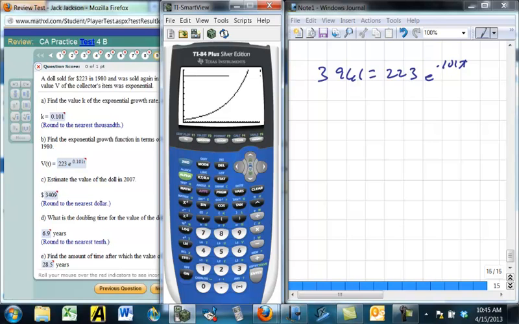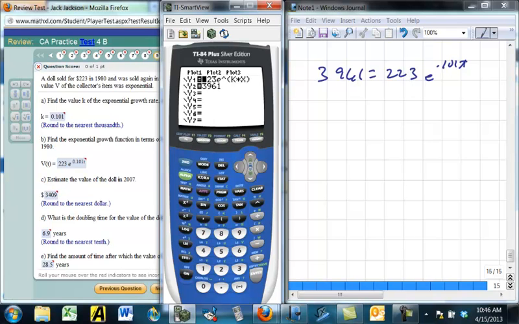Alright, that's not bad. Okay, and we're wanting to find the intersection here. So calculate the intersection. First curve, second curve. Get over here kind of close for the guess. And we get this, rounds off to 28.6 years if you use the non-rounded off k.